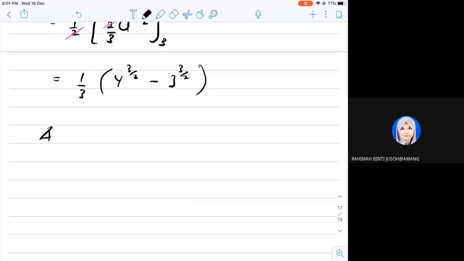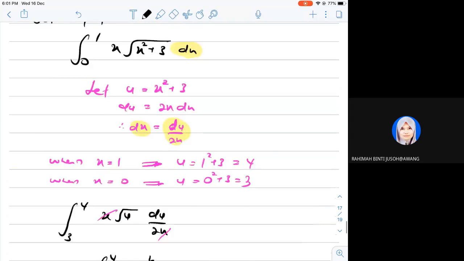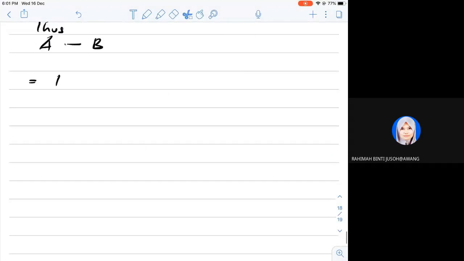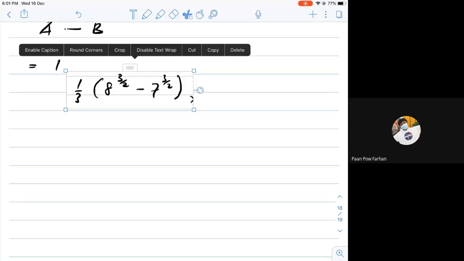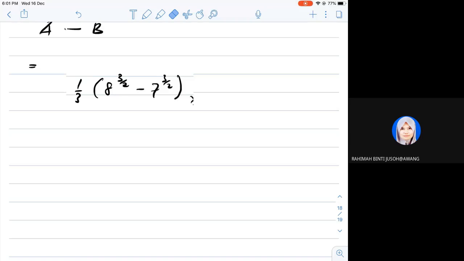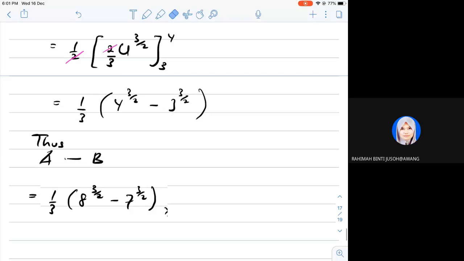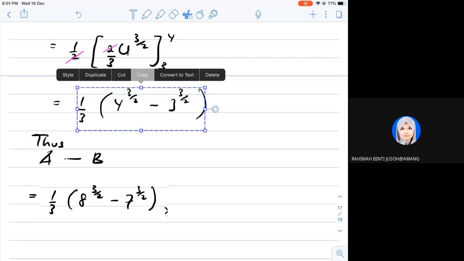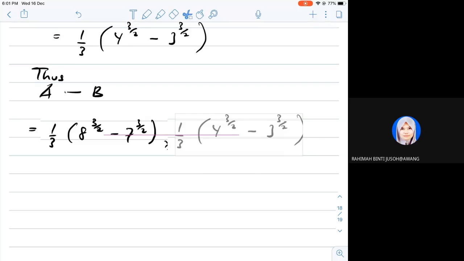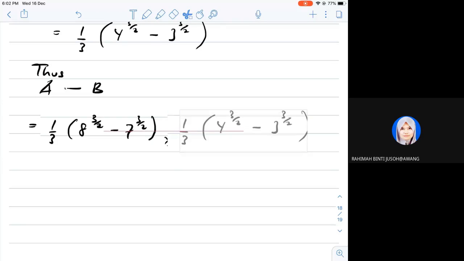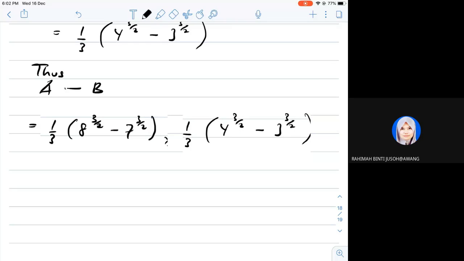Okay, so A minus B. Does A minus B equal 1 over 3? Copy this back. 1 over 3 minus B. This is B. Minus, subtract this.